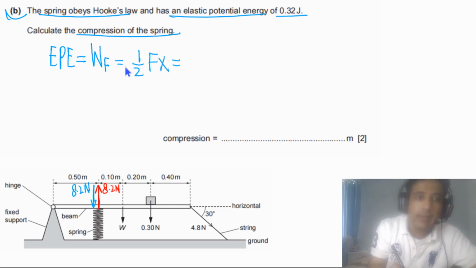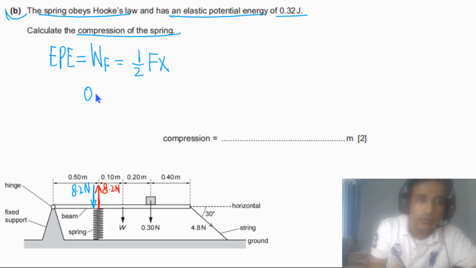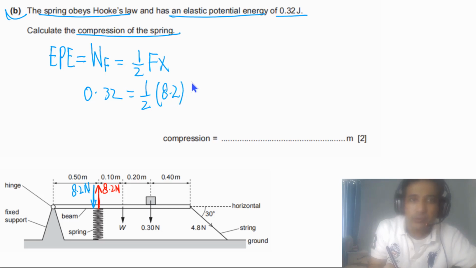So we have the value of EPE, and we have the value of force, so we can plug in and calculate the value of x. EPE is given, that is 0.32, and here we have 1/2, and force is given, that is equal to 8.2, and we can calculate the value of x.